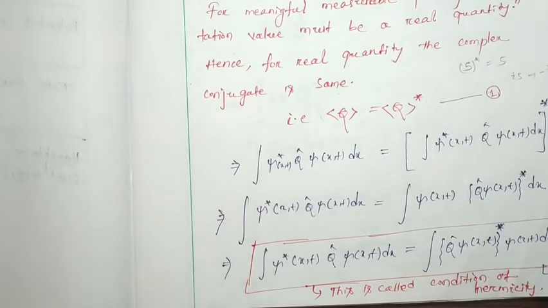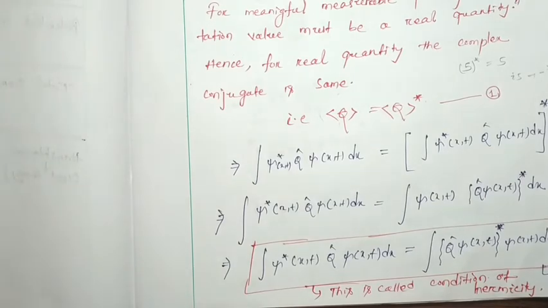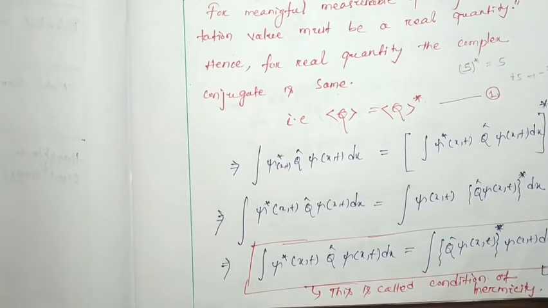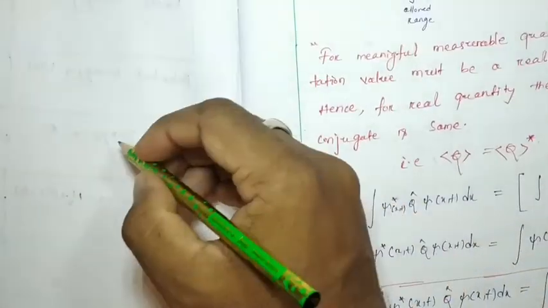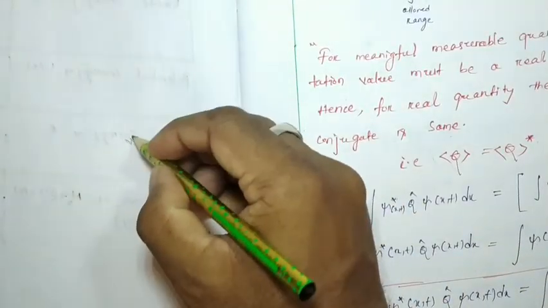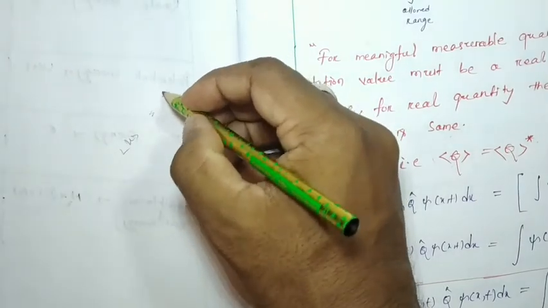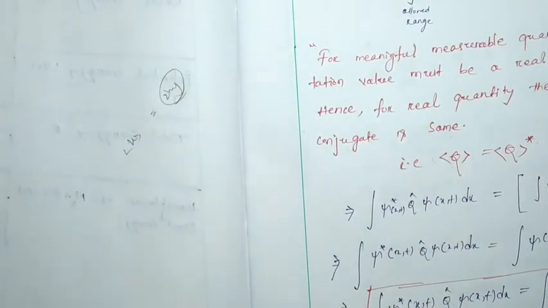Actually, all the physical observable quantities like position, momentum, kinetic energy, total energy are Hermitian operators. Just think: if the expectation value of position came out as an imaginary term, how could we say the thing is measured?